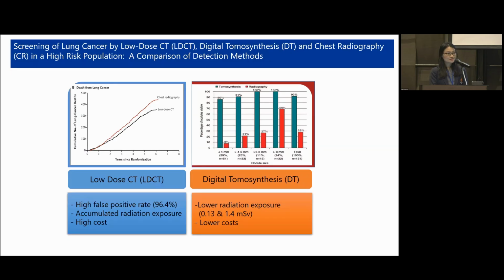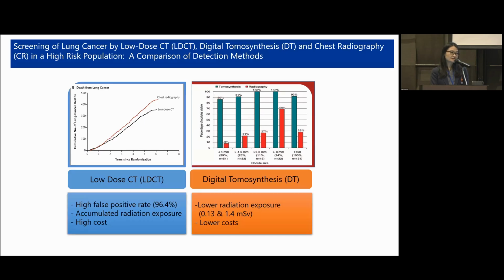For digital tomosynthesis, the evidence at that time showed that for nodules of at least 6 millimeters, sensitivity was 100%, and specificity compared with low-dose chest X-ray was around 77% for nodules of 6 to 8 millimeters.